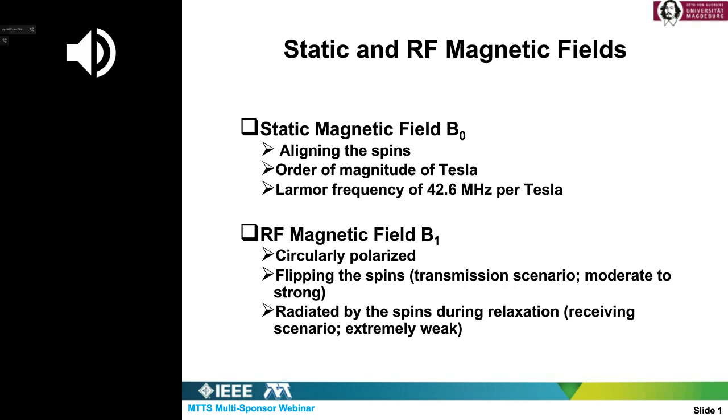When you apply it, it flips spins in the transmission scenario, and if you stop this exposure, the spins return spontaneously to the thermodynamic equilibrium, but during this restoring of the thermodynamic equilibrium, they radiate exactly the same magnetic field at exactly the same frequency, which is the Larmor frequency, also circularly polarized. And actually, during this relaxation, we collect or measure this field and make use of it in order to reconstruct our image.